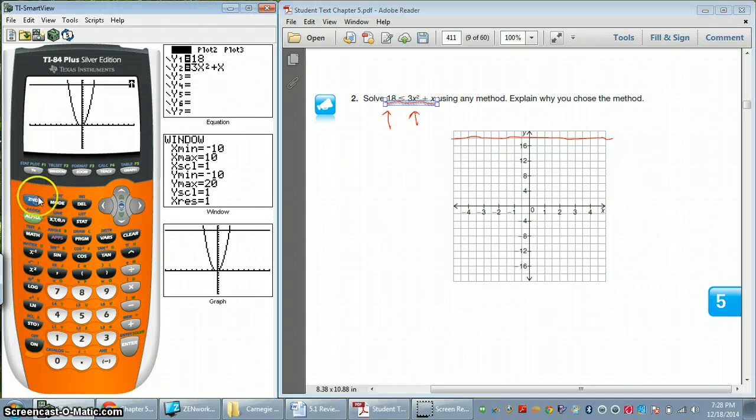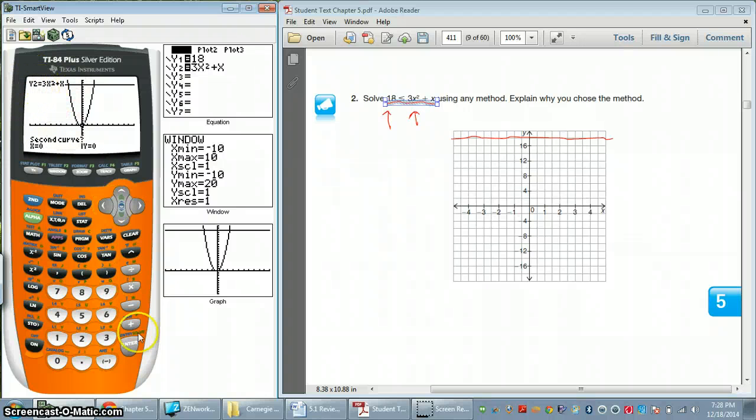So we're going to go to second trace, and because we have two graphs and we want to find out where they intersect, we're going to go down to number 5, where it says intersect. Push enter, and it's going to ask you two questions. First curve, and that just means, is that the first equation that you have? So you push enter to signify yes. Then it asks, is this the second curve or equation that you have?